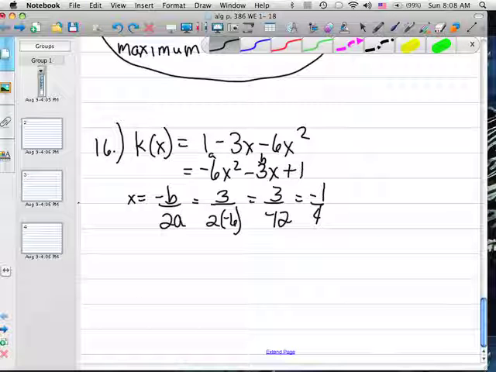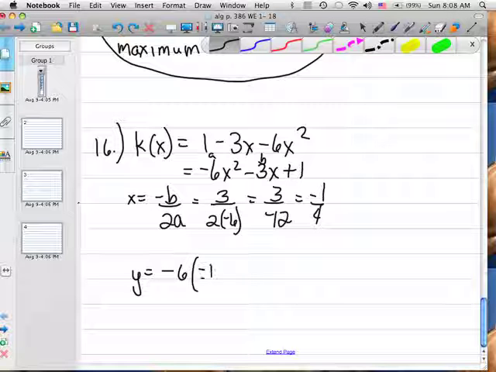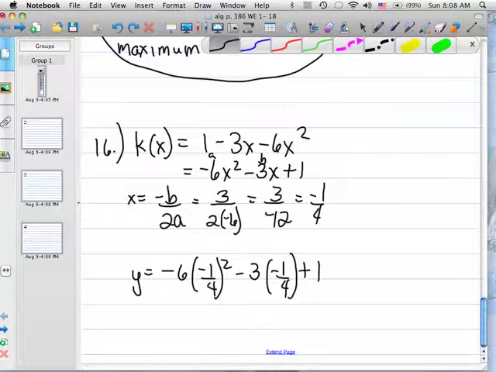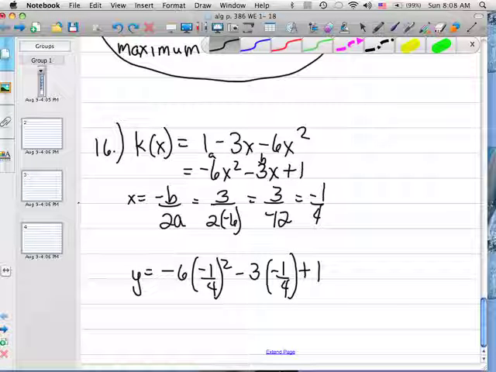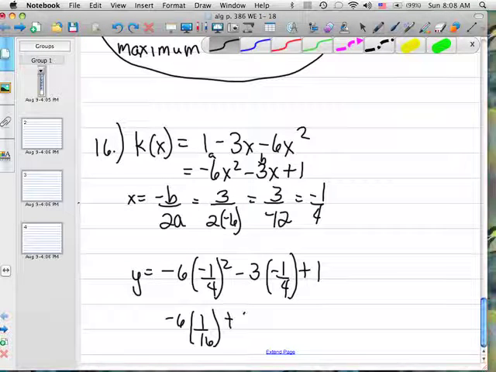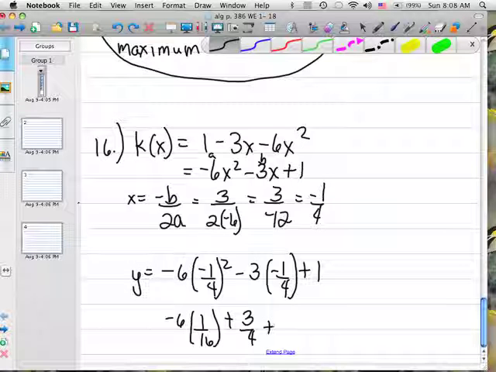So to find y, we're going to plug in the negative 1/4. So we take negative 6 times negative 1/4, square it, minus 3 times negative 1/4, and then add 1. Negative 1/4 squared is positive 1/16, so we get negative 6 times 1/16. Negative 3 times negative 1/4 is positive 3/4 plus 1.